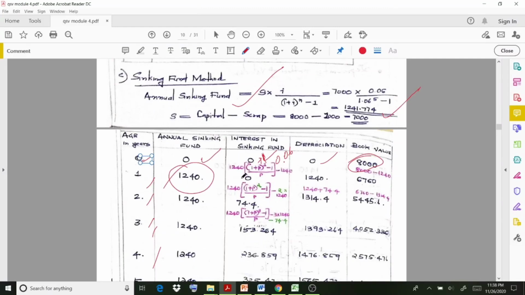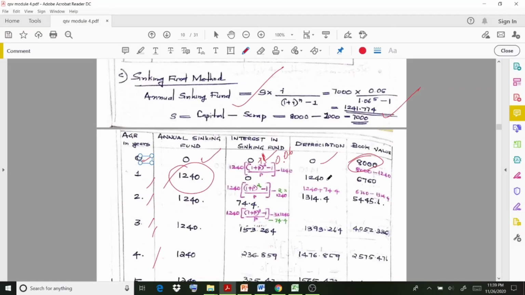Coming to the interest in sinking fund, if you apply this equation, it is going to be 0. In this equation, (1 plus p) whole raised to 1 minus 1 by p, then minus 1,240, when we work it out, we get 0 value. Substituting 0.06 in place of p, you will get 1 here. So 1,240 minus 1,240 is 0.